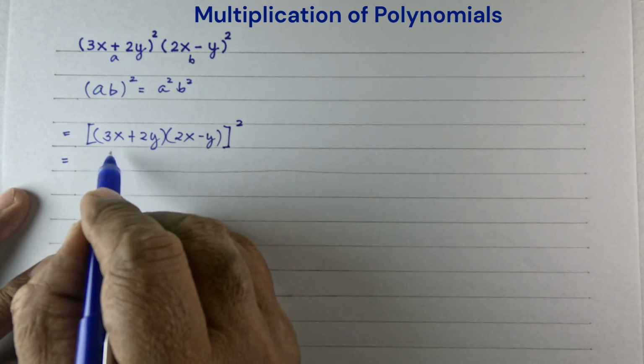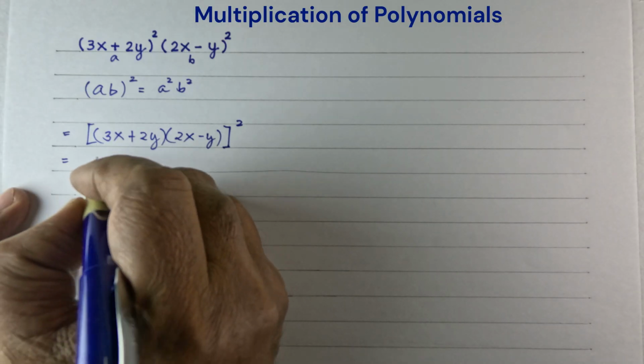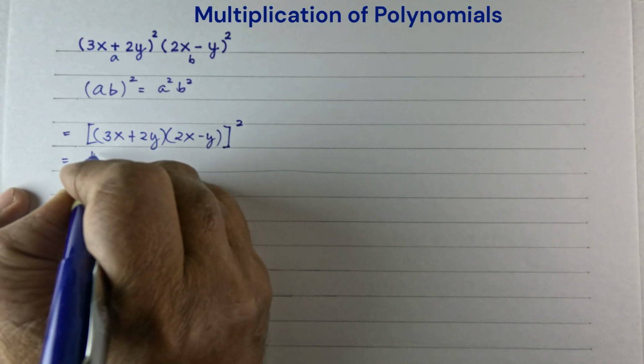Now, let's multiply (3x + 2y) times (2x − y) using the distributive property of multiplication.